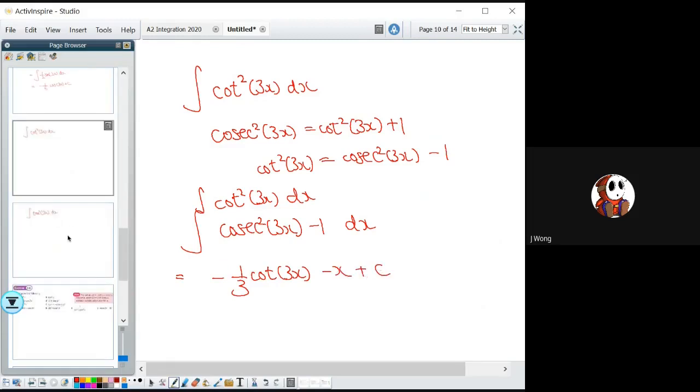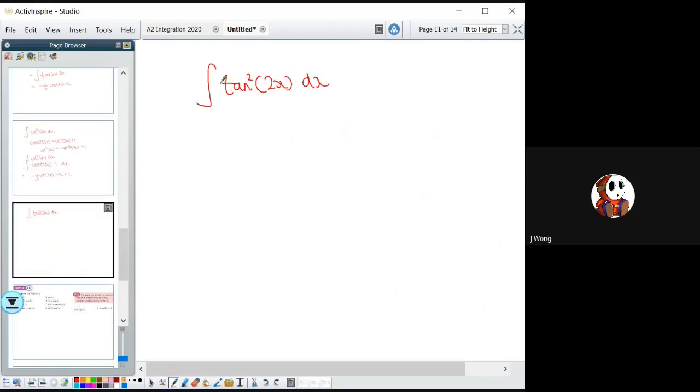The very last one, we can just do it quickly. We're going to change it using trigonometry identities once again, because it is not in a format that we recognize from the formulas from the first session.